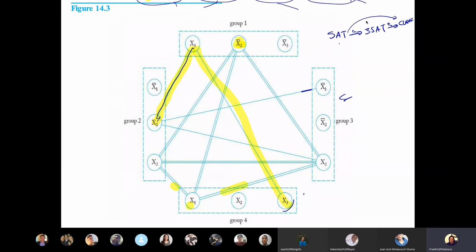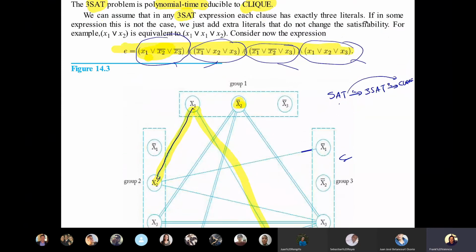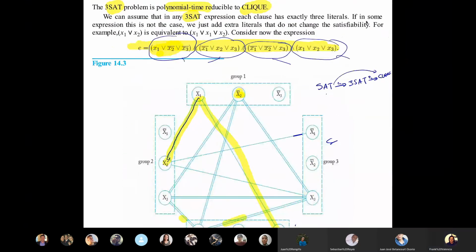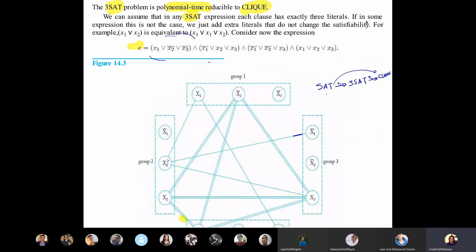So that's clear. Now we're going to see how we reduce 3 SAT to clique. Let's erase this so you see it. The reduction is quite simple, and I'm just going to show some of it here.